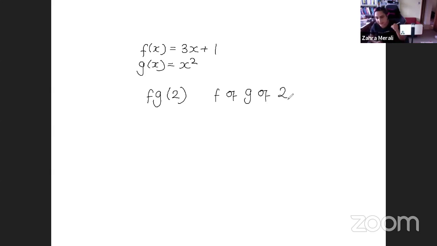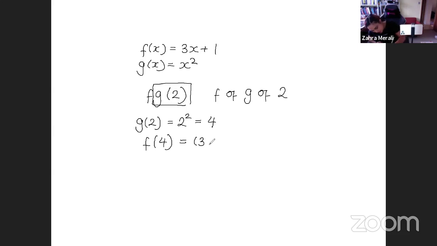So first I do g(2), so I do this bit first. I put 2 into my g. So g(2) would be 2 squared, which is 4. And now I can replace that with a 4. That's the same as 3 times 4 plus 1, which is 13. So that's it with numbers.